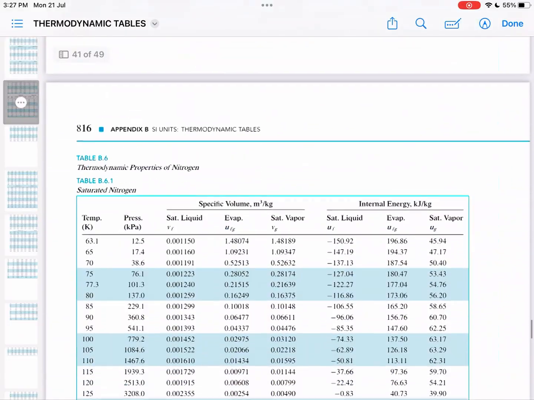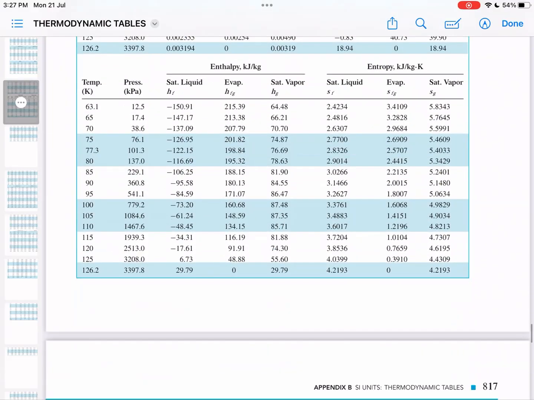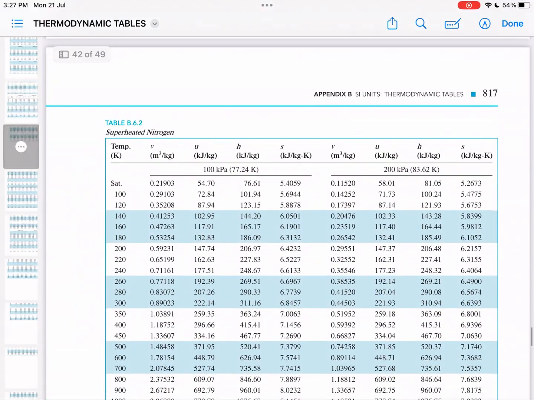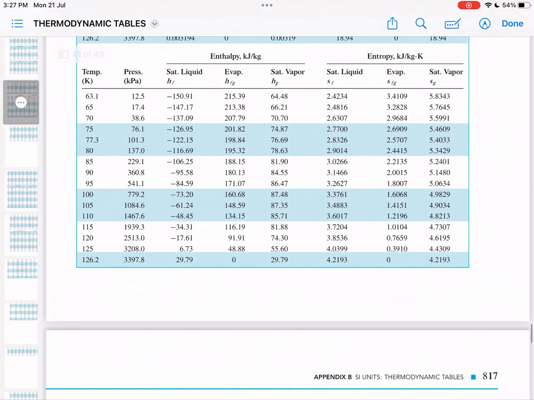Okay, so these are our nitrogen, right? So if we see, we actually do not have the entry above 126.2 Kelvin.